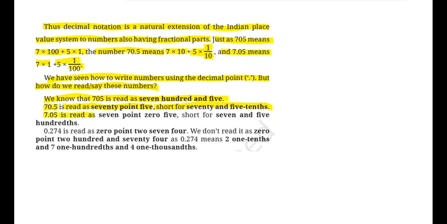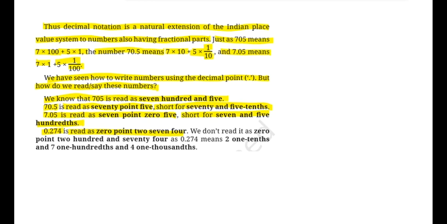7.05 is read as 7 point 0 5. So whatever digits come after the decimal, we just call them as 0, 5, 1, 2, 3 and so on. Short for 7 and 5/100. Now this would be read as 0 point 2 7 4. We don't read it as zero point two hundred seventy-four. हम वहाँ पे place values को use नहीं कर रहे हैं.